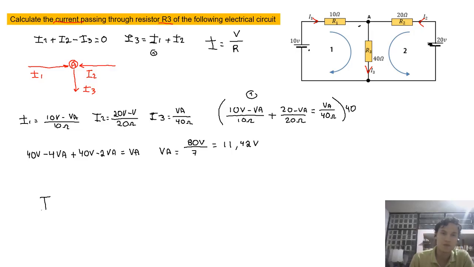So current 3 is equal to the voltage A, which is 11.42 volts, over the resistance, 40 ohms.